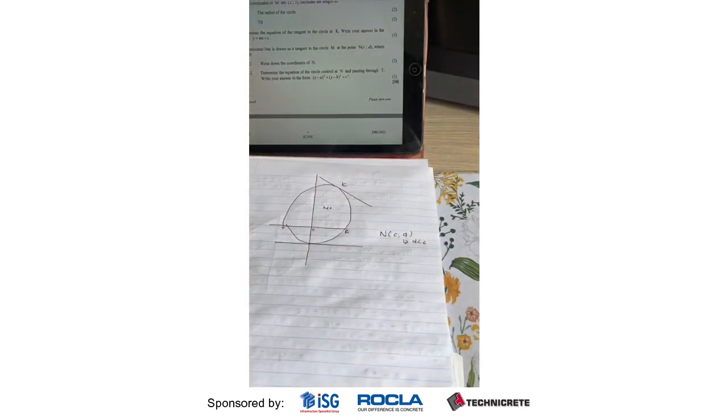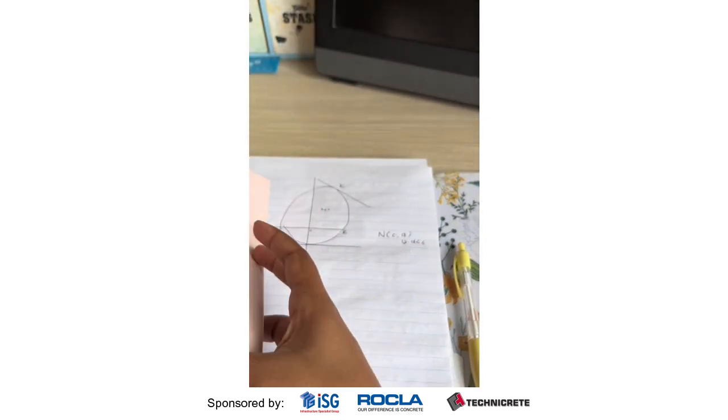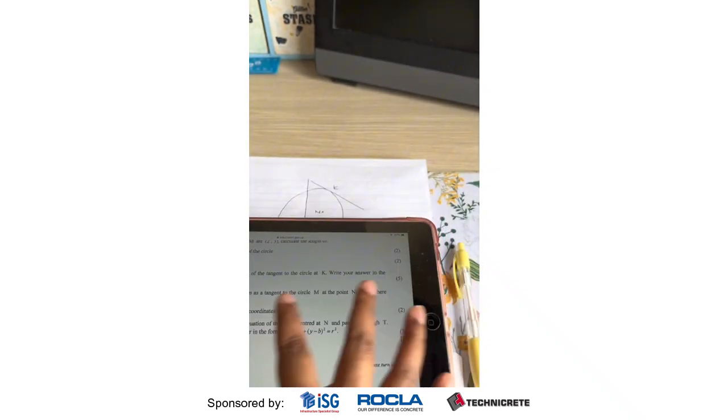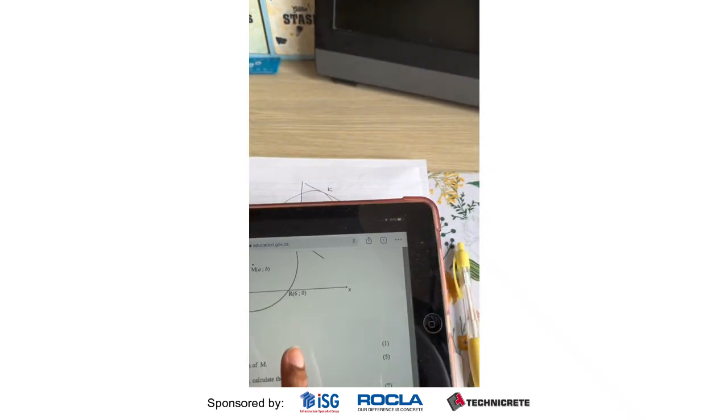Firstly, it says write down the coordinates of N. I think it's important for us now to actually draw it on the original, because we're not going to get the coordinates if we don't specifically look here.